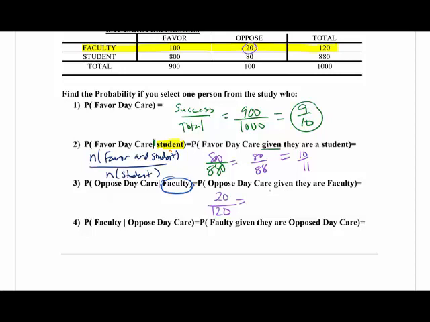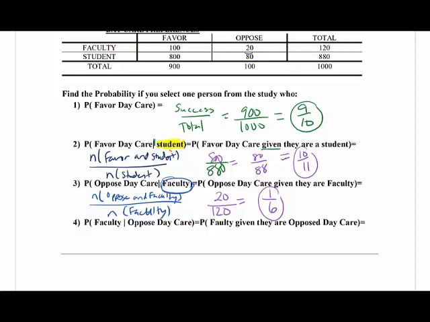So that should give us 1 over 6. Formula, if you need to write the formula down, remember the numerator is the cardinality of the intersection of oppose and faculty over the cardinality of the given, which is faculty.